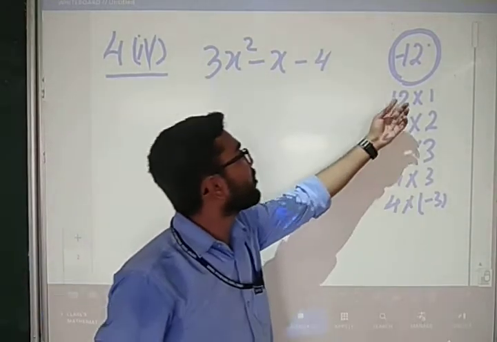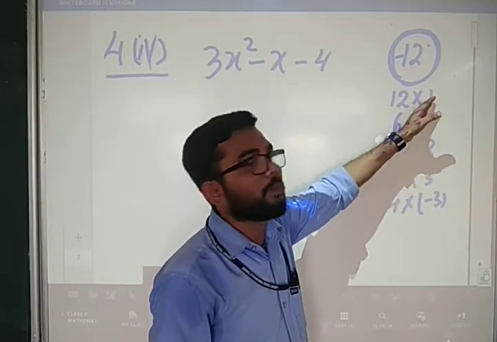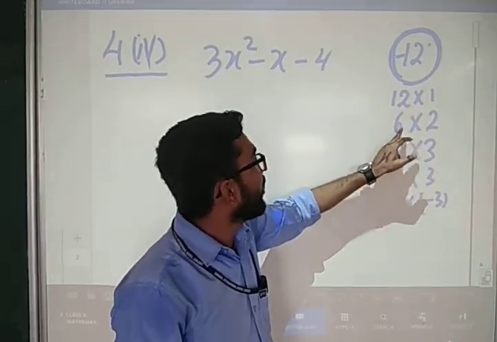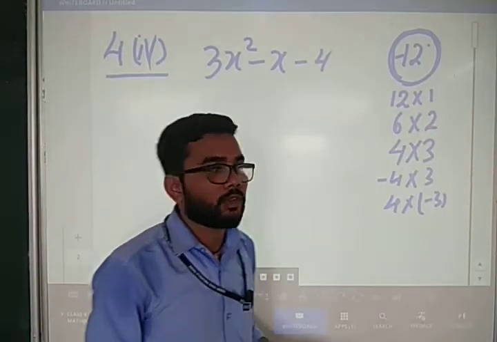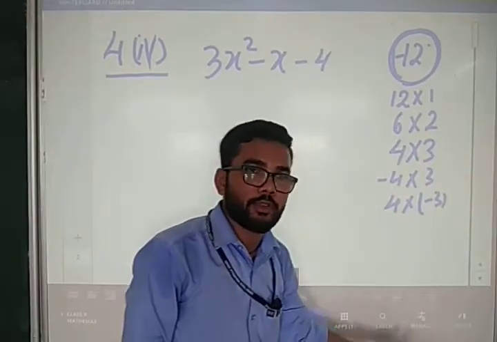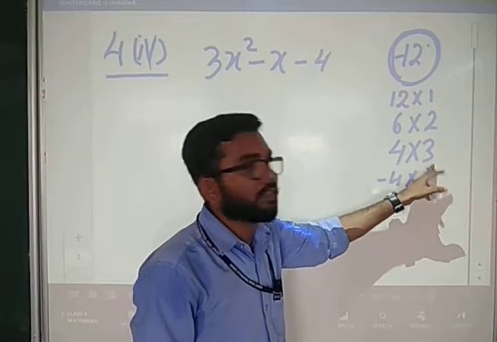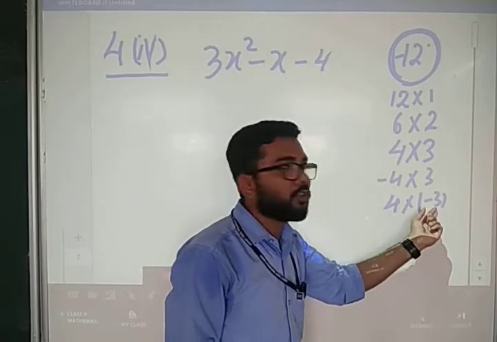So when you add or subtract 12 and 1, if you do minus 12 plus 1, you will get minus 11. If you do minus 6 plus 2, you will get minus 4, or 6 minus 2, you will get 4. Okay. If you do minus 4 plus 3, or 4 minus 3, you will get 1.